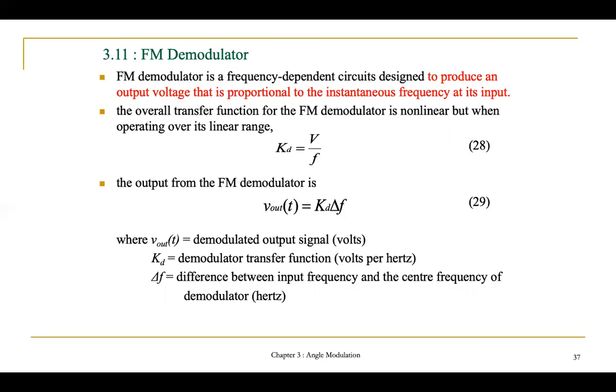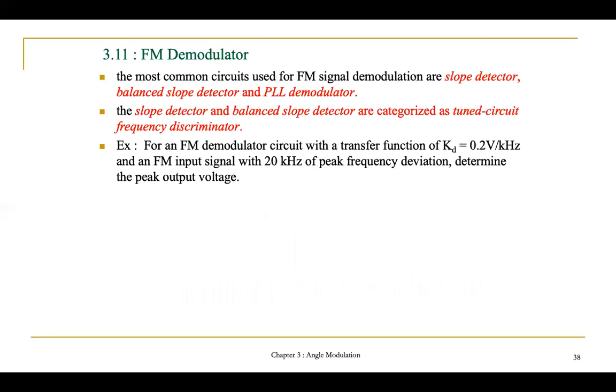The output of the FM demodulator is given by V out equals Kd delta F, where Kd is equal to V over F. The most common circuits used for FM signal demodulation are the slope detector, balanced slope detector, and also the PLL demodulator.